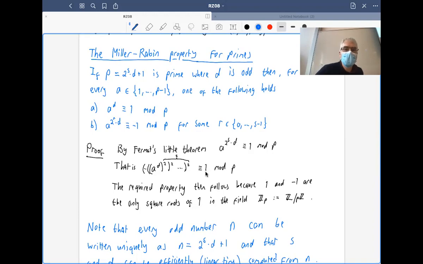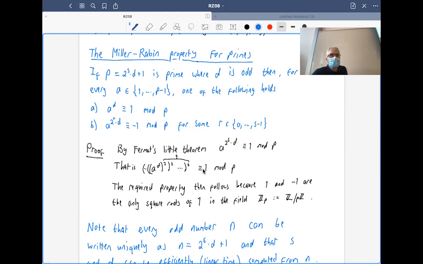If we take one of the squarings off, we'll have some number modulo p whose square is 1.